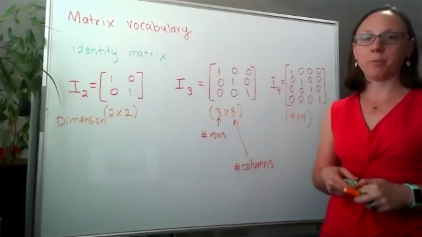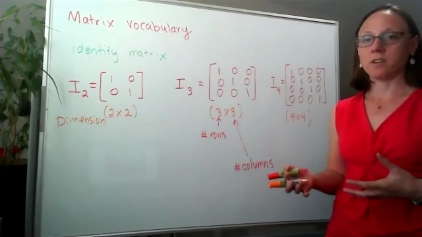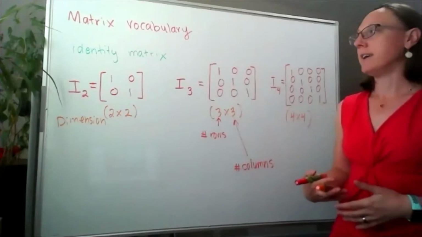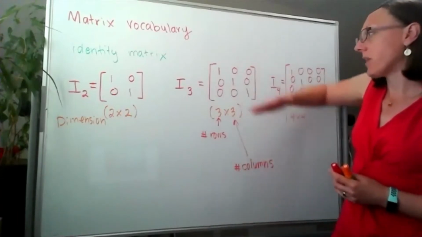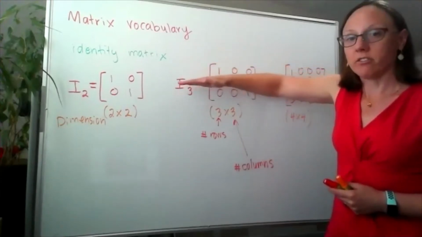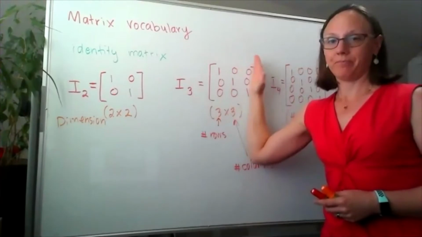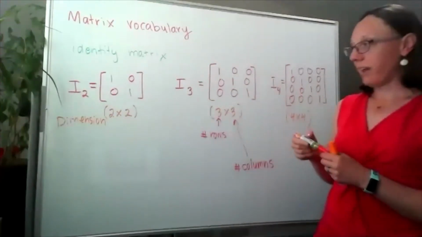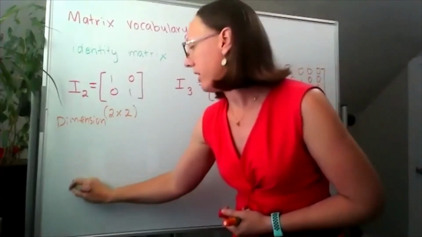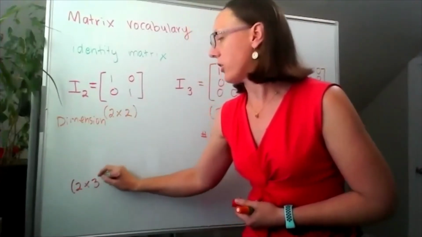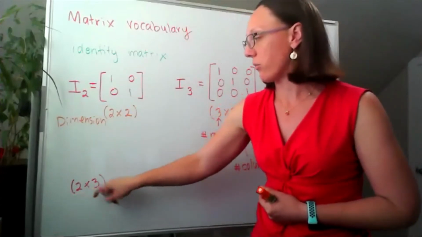There are a lot of places where talking about rows or columns could be interchangeable. Specifically with a matrix, rows mean horizontal and columns mean vertical. So if I had a matrix with a dimension of 2 by 3, that matrix would have 2 rows and 3 columns.